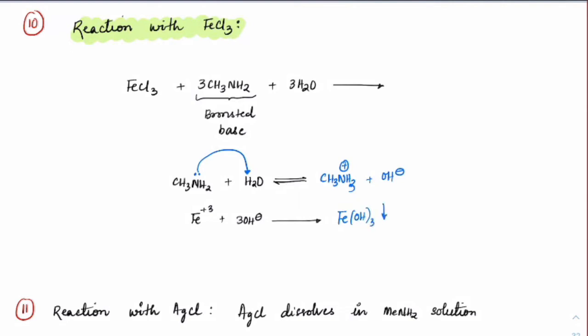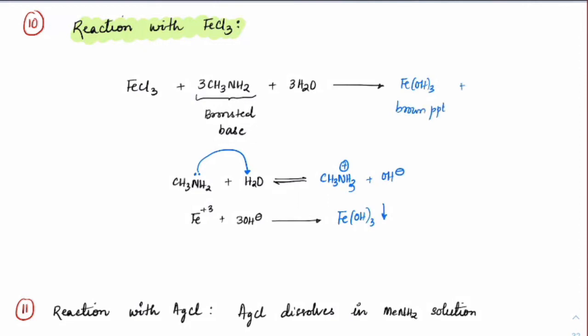That's when these amines act like good Bronsted bases, generate OH minus, and we get this precipitate. So what will be the final product here? We will have Fe(OH)3, which is the brown precipitate.